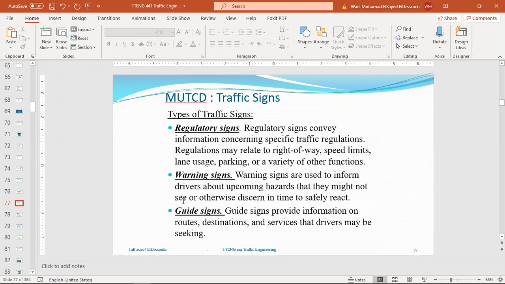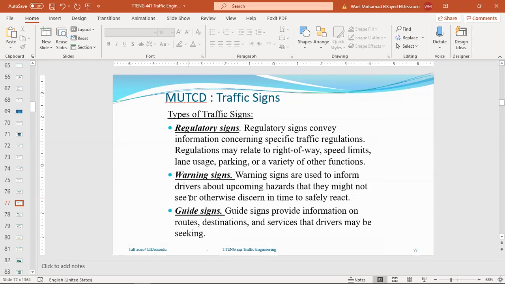So now we're going to discuss the three categories of traffic signs. What are the types of traffic signs? We have regulatory signs, we have warning signs, we have guide signs. What is the purpose of the regulatory signs?